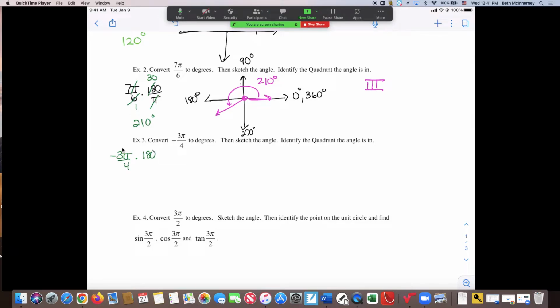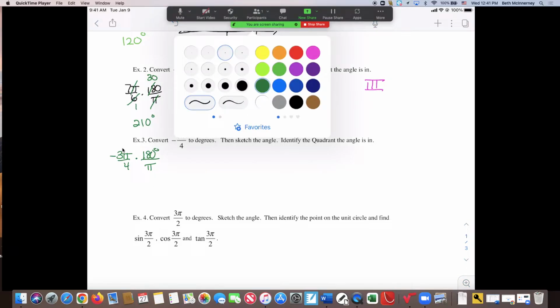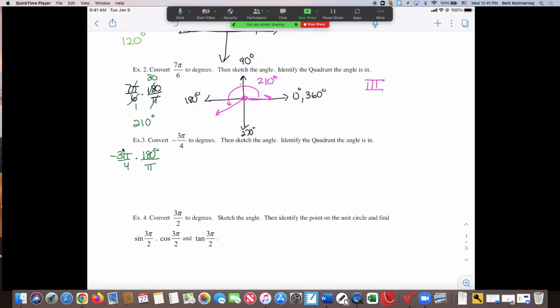And guess what? That is okay to ask, and it's for your benefit. So 4 is going to go into 180 45 times. Nobody expects you to be able to do 3 times 45 in your head. Well, maybe you could. But if I do it off to the side, that's negative 135 degrees.